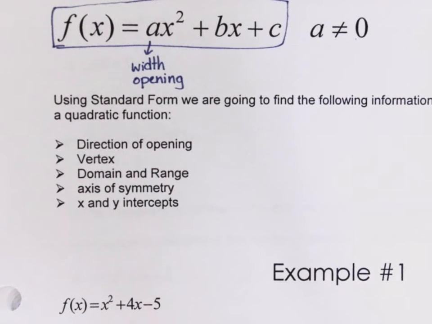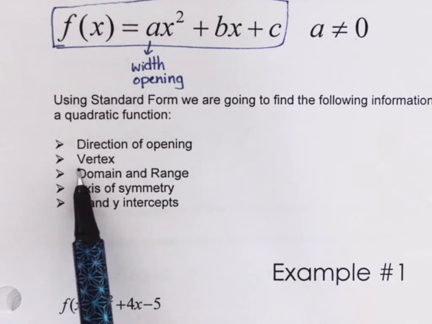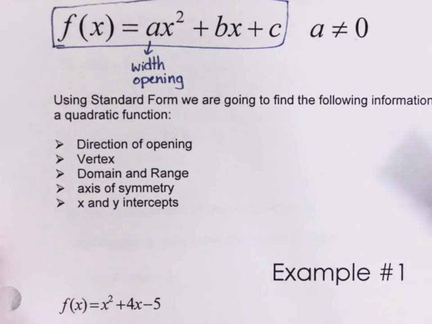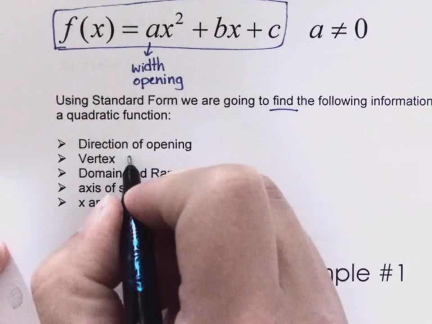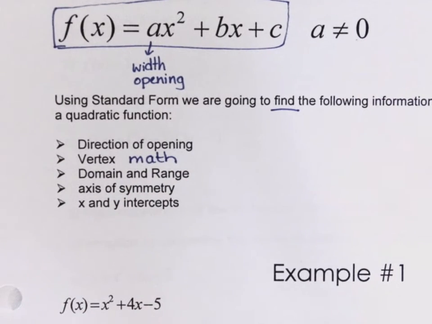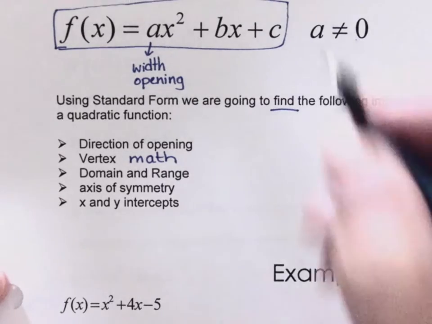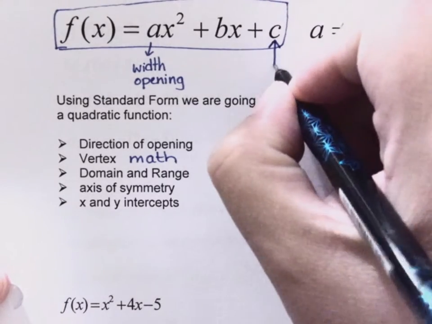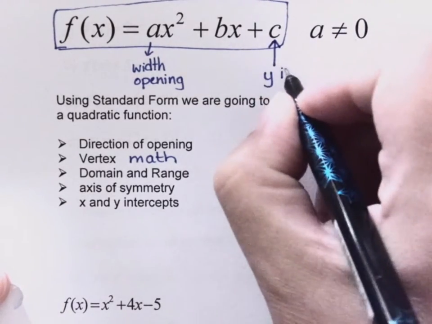Okay, and we can find the vertex, but it has to be a find. So we got to do math to find the vertex. Boo-hoo. We don't really want to do that. We can do the domain and range. We can find the axis of symmetry. And the key thing about this one is this is where the y-intercept is.